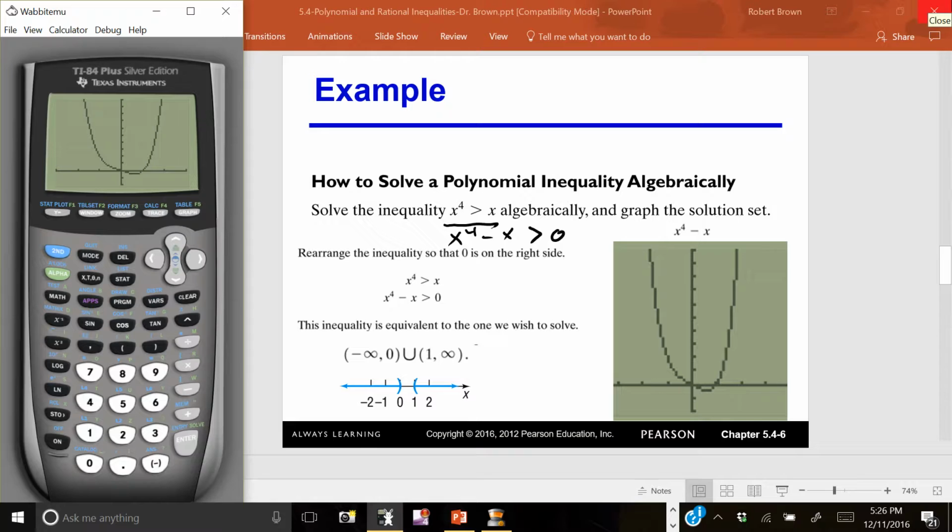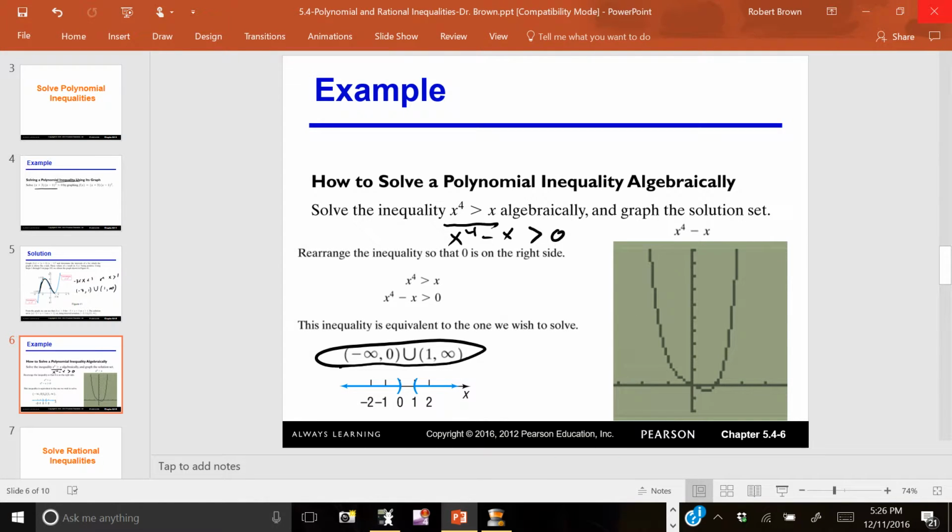So our solution is the set minus infinity to 0, and then from 1 to infinity. You can also show it on the line going from minus infinity to 0, not including 0, and then going from 1 to infinity, not including 1.